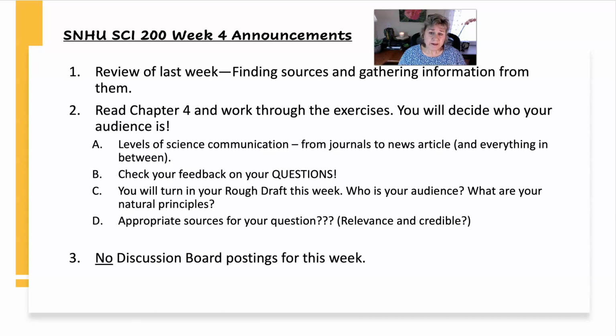And then you move on down the list. You can look at reviews, and review articles are published by scientists who take information from different articles, put them together, make sense of them, and explain them to you in, hopefully, an easy to understand way.